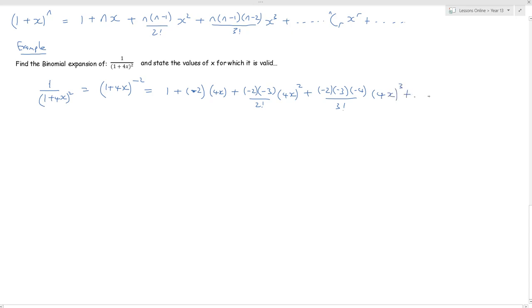And we won't go beyond the third term. You'd be very unlucky to be asked to do anything more than that in an exam.